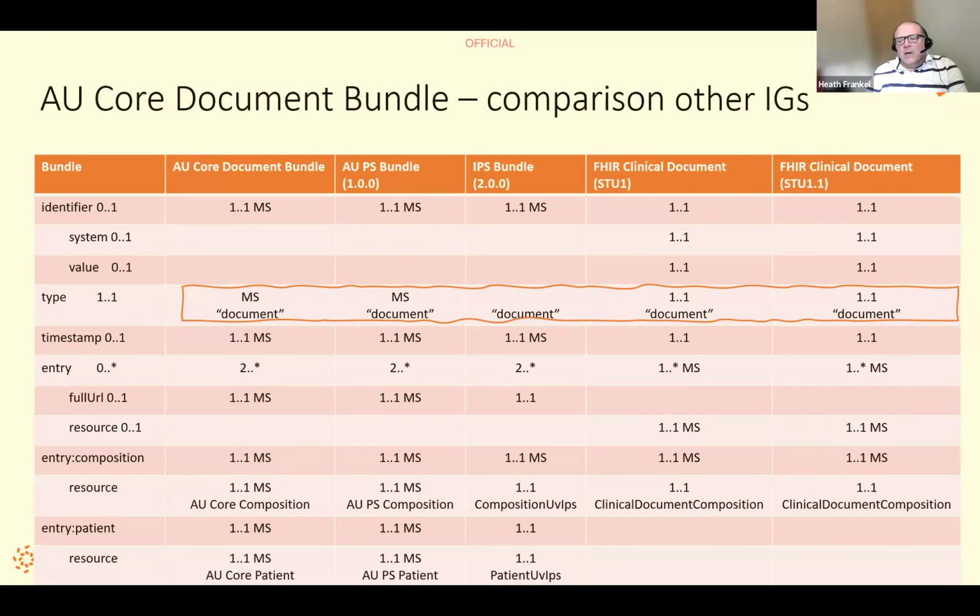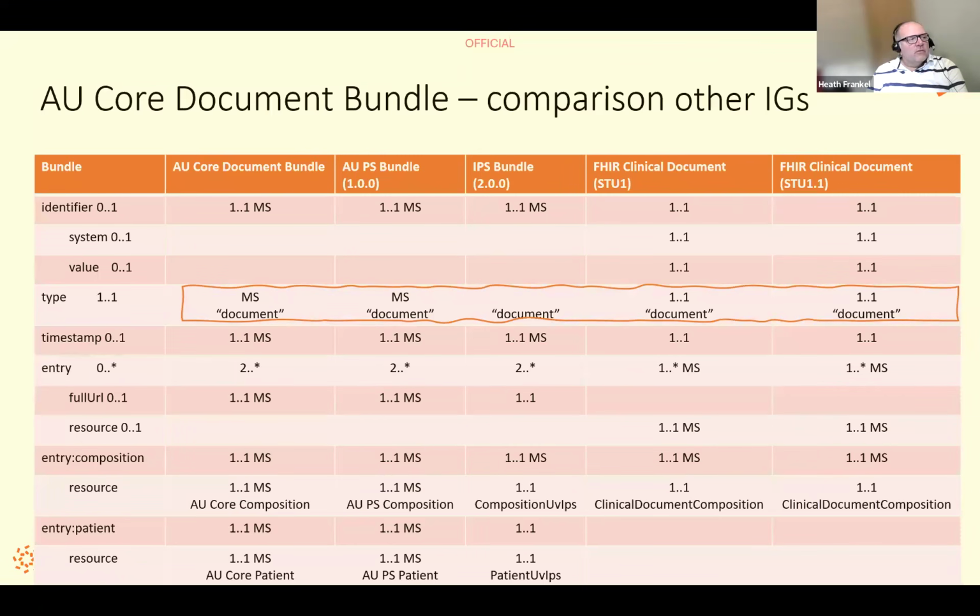So I don't have it handy, but I probably do in the wiki. Let me see what the proposal was for document composition. What I'm trying to remember is whether it was a mandatory identifier, and I don't believe it was.